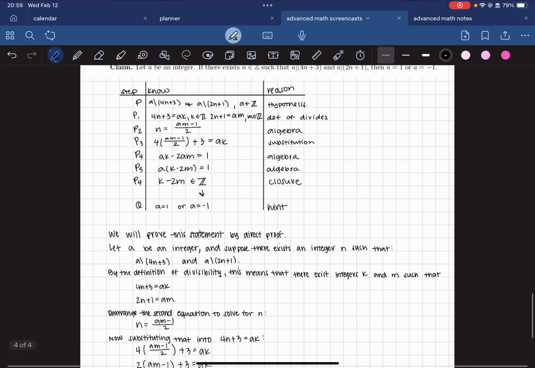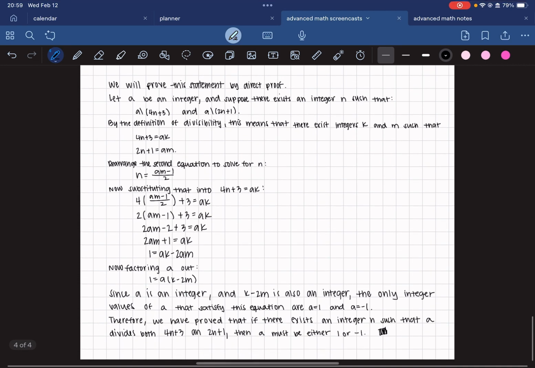So then we can see down here we have a formal proof, and it says, we will prove this statement by direct proof. Let a be an integer and suppose there exists an integer n such that a divides 4n plus 3 and a divides 2n plus 1. By the definition of divisibility, this means that there exist integers k and m such that 4n plus 3 equals a times k and 2n plus 1 equals a times m.